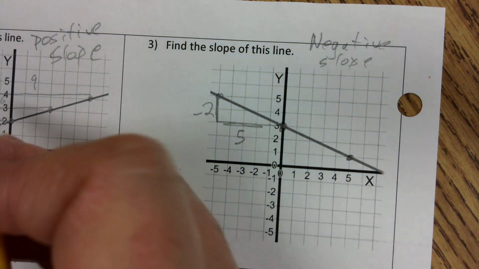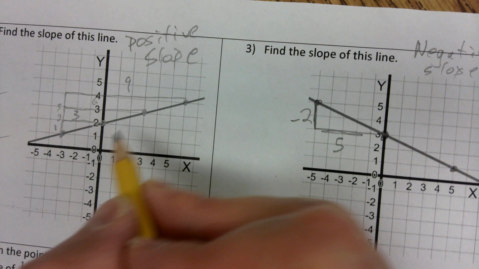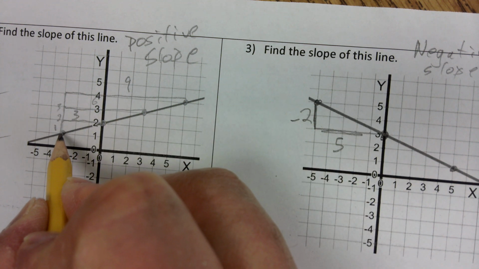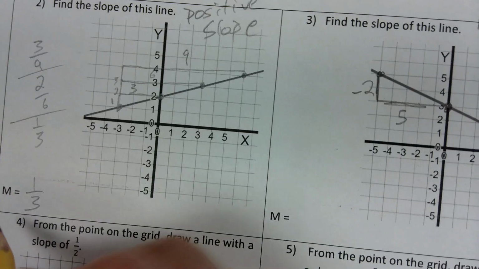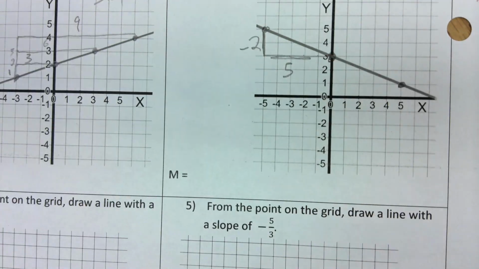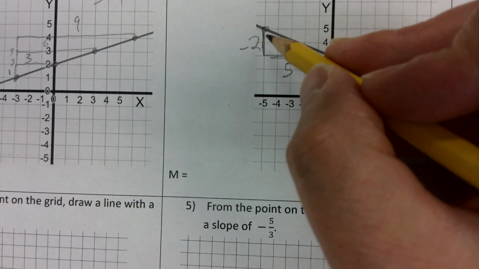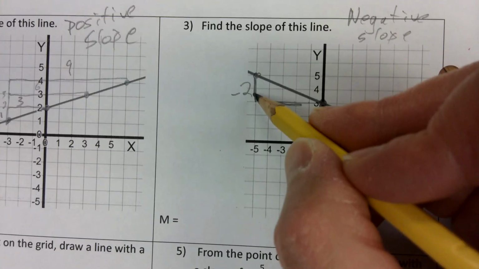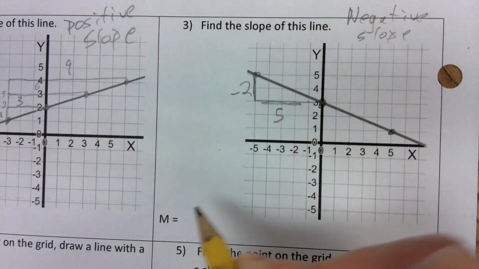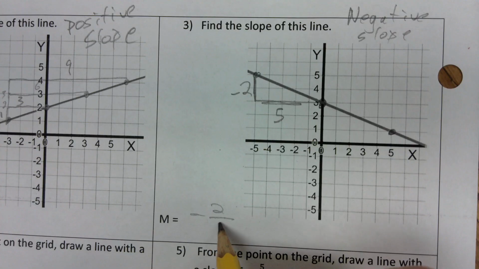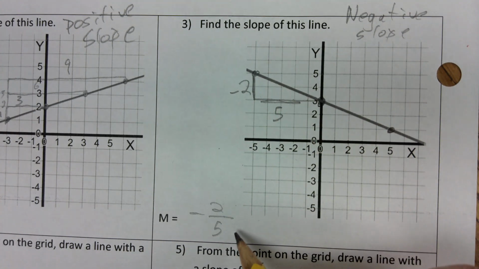Now you'll notice that on the positive line here, I drew my triangles above the line so that my slope would automatically be positive because I'm going up and right. But on a negative line, I will do my triangle on the bottom of the line so that I get a negative here, but on the bottom I'm still getting a positive, right?